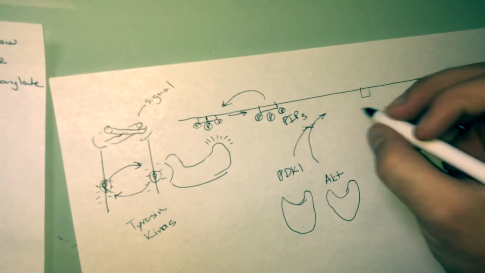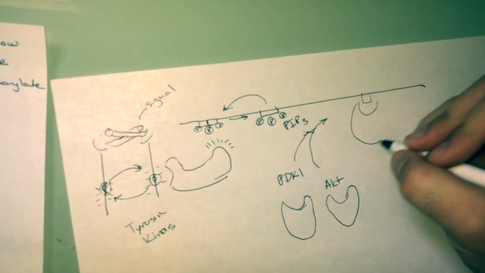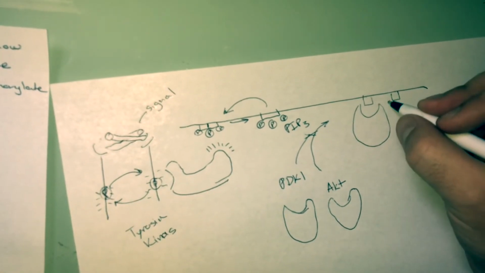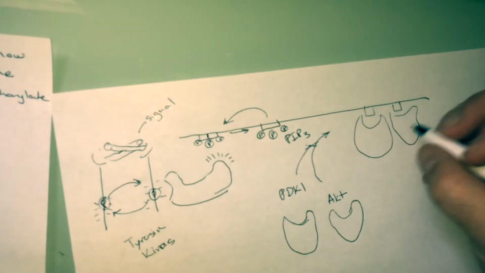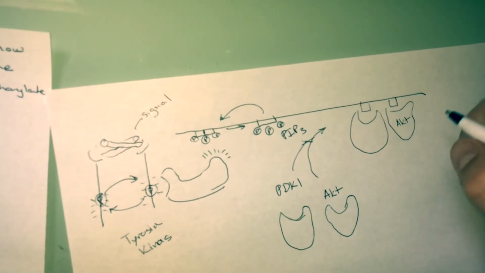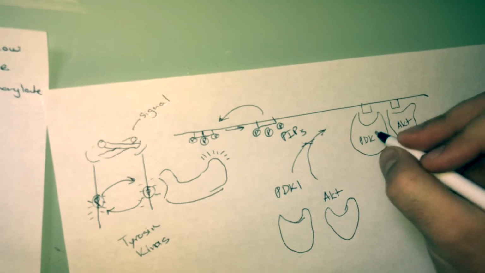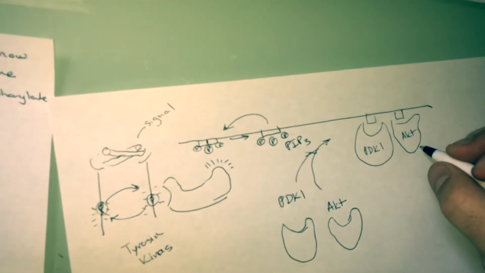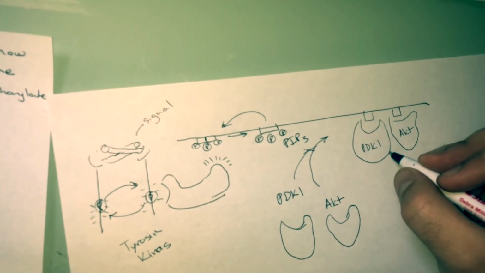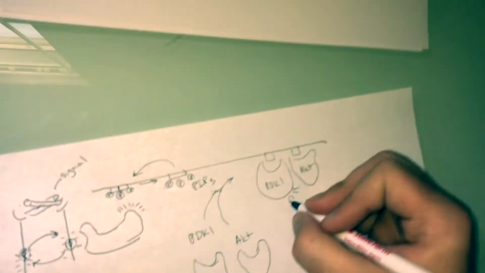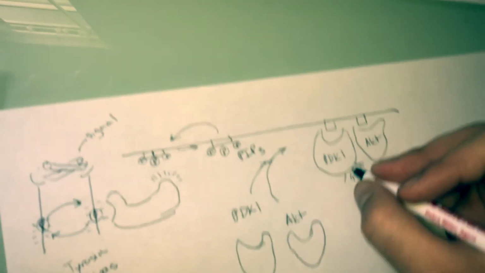So, one protein bound, another protein bound. We'll say this one is AKT and this is PDK1. PDK1 becomes phosphorylated and activated.